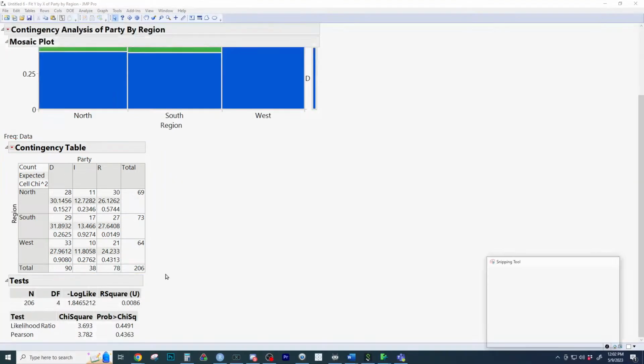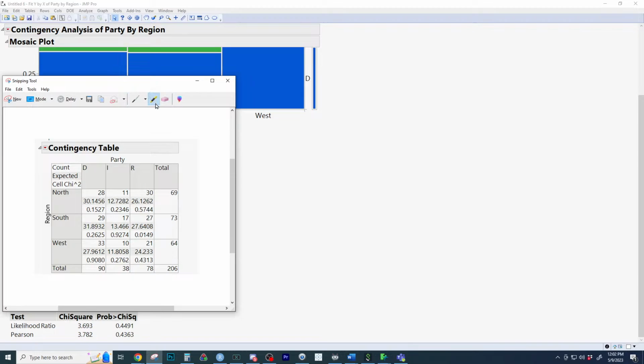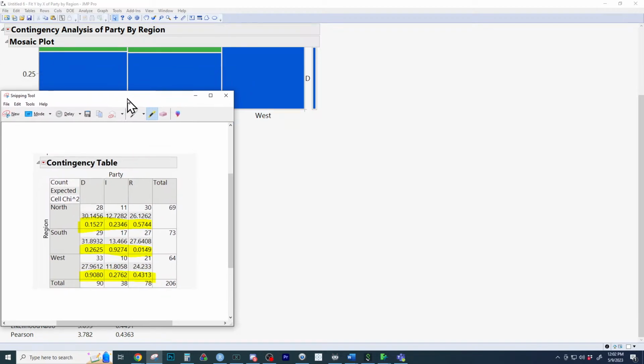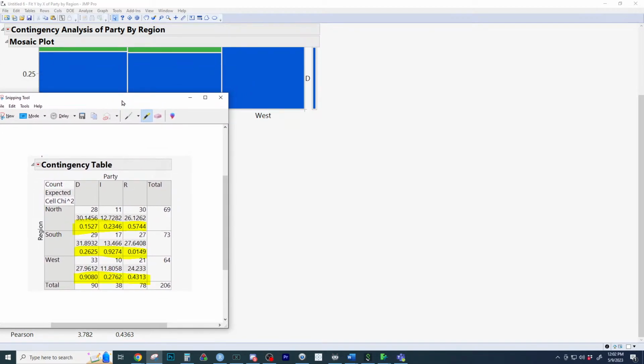So now that you have the cell chi-squareds, what would you do with all the cell chi-squareds? If you take them all and sum them up, you will get the Pearson chi-squared test statistic.